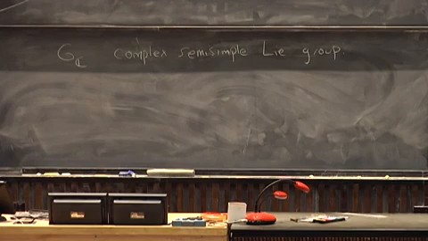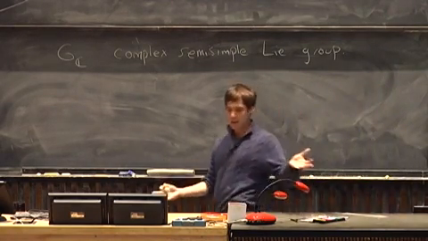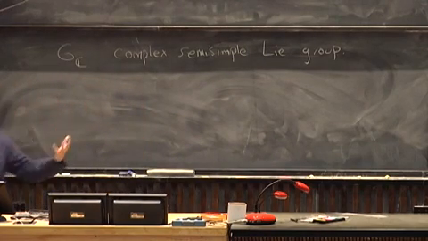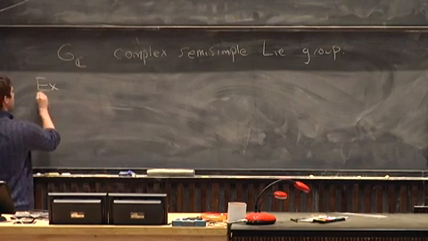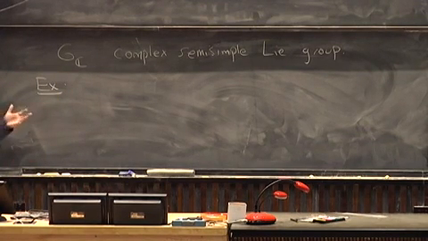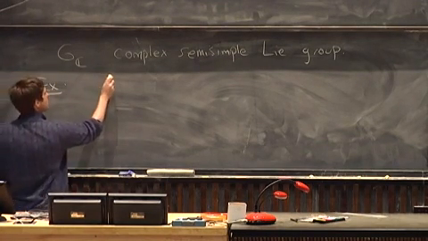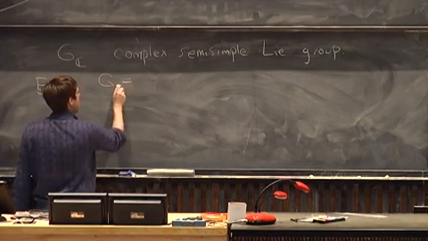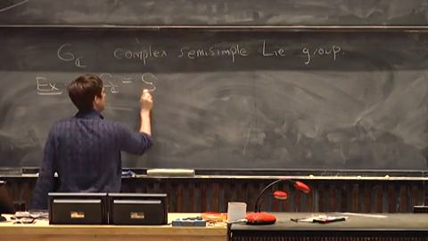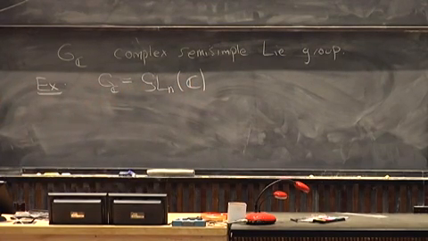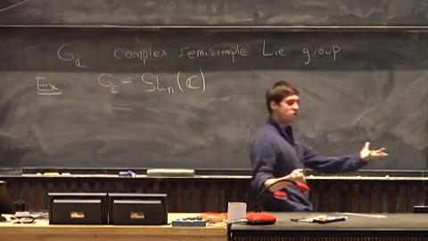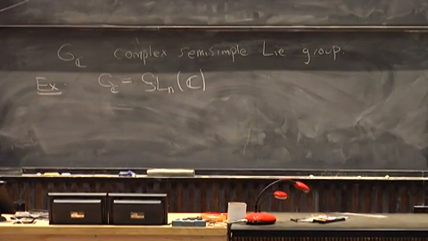So what that means is it can be described as an algebraic variety inside the set of n by n matrices for some n. It can be described as solutions to some polynomial equations. So the main example, if you're not familiar with the theory of algebraic groups, just imagine for the rest of this talk that what I'm talking about is GL_n or SL_n(C). So this is the set of n by n matrices with determinant 1, and the condition of having determinant 1 is just a polynomial equation in the matrix entries.